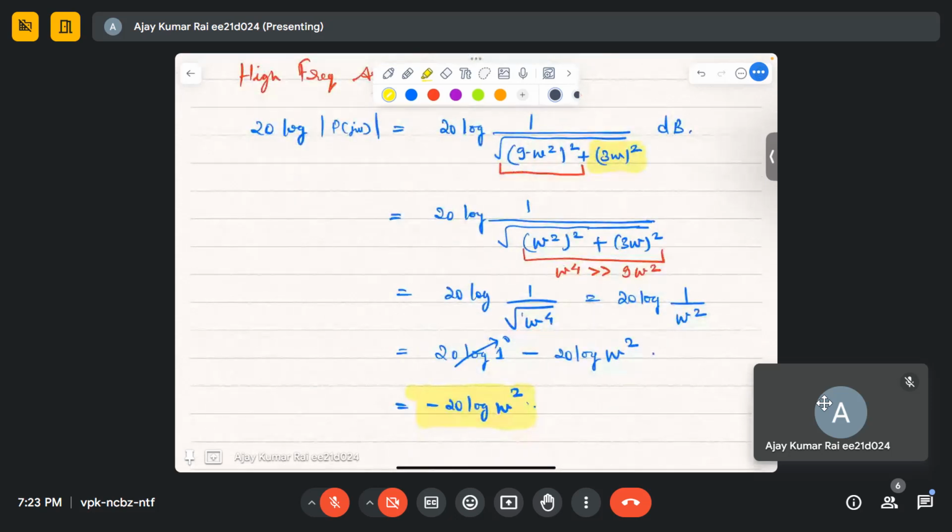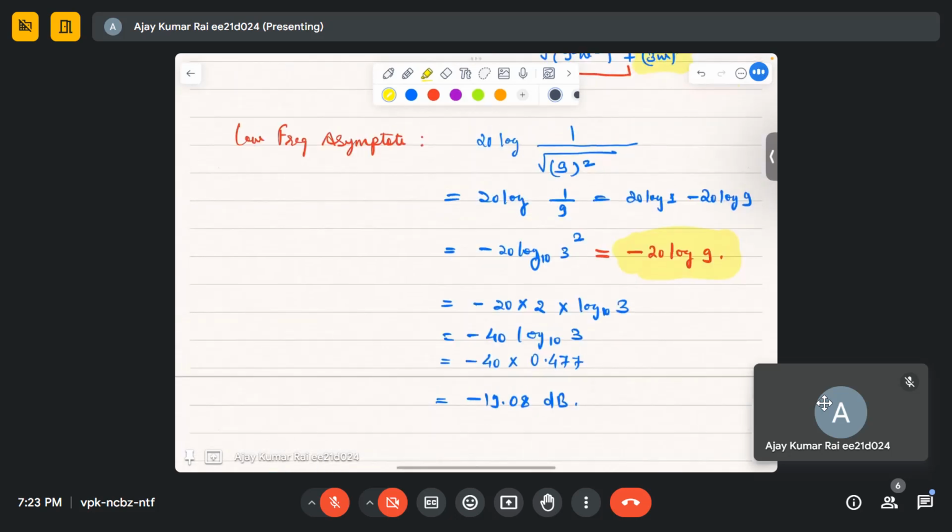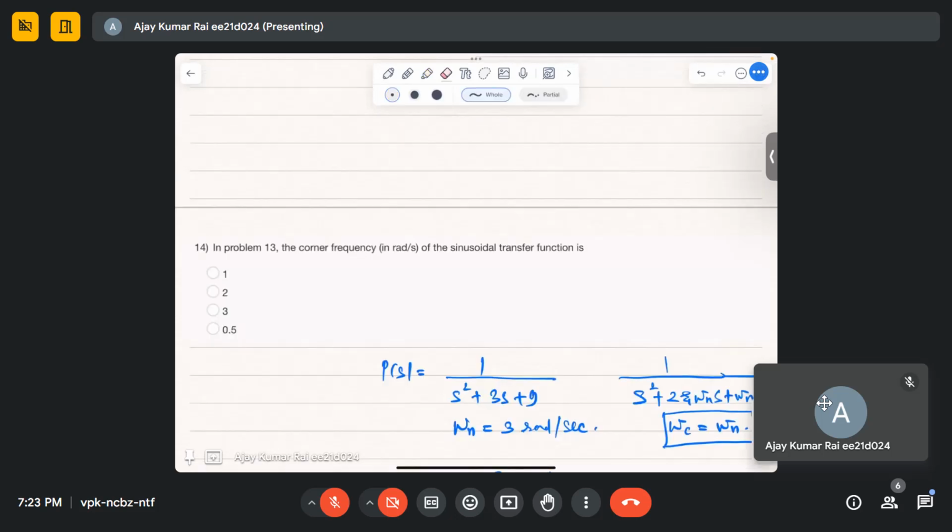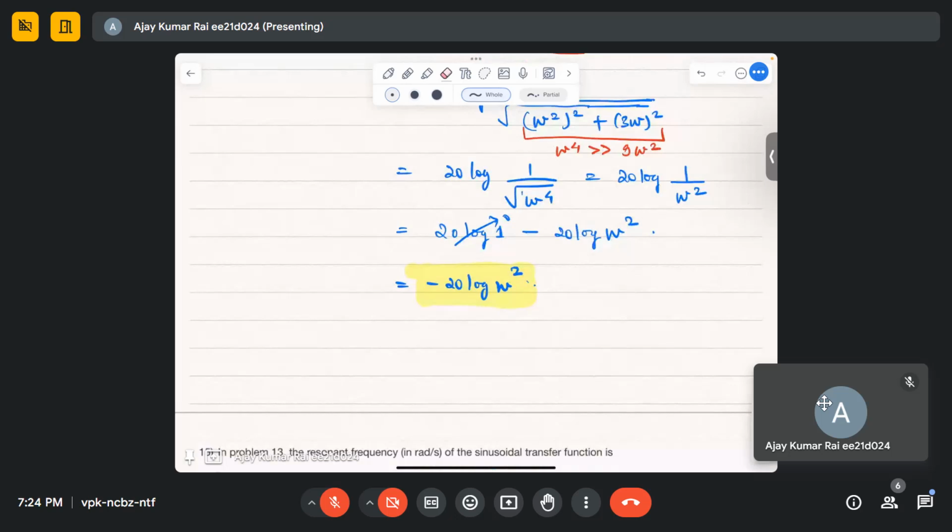You can clearly see, if I put omega equal to 3, these two magnitudes will match, right? So at omega equal to 3 radian per second, the magnitude is minus 20 log of 3 square, which is 9. So omega equal to 3 radian per second is the corner frequency, right?